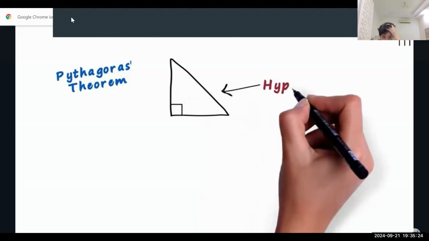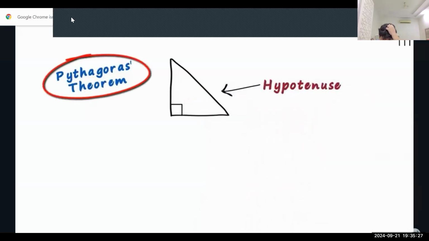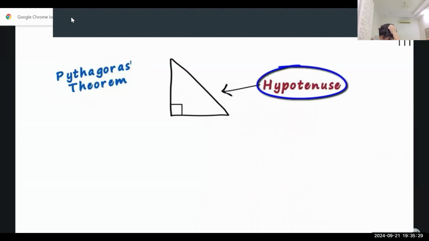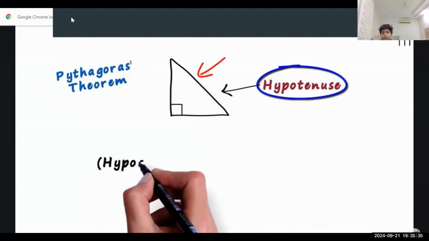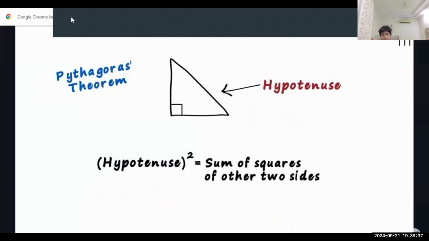It's called the hypotenuse. The Pythagoras theorem says that the hypotenuse has a special relation with the other two sides. It tells us that the square of this length, that is the hypotenuse squared, is equal to the sum of the squares of the other two sides. Remember, it holds true only in the case of a right triangle.